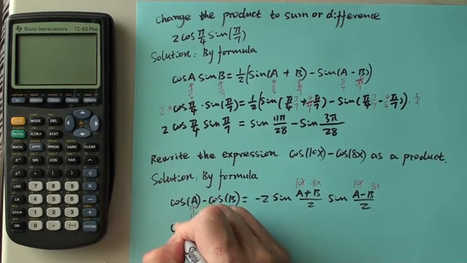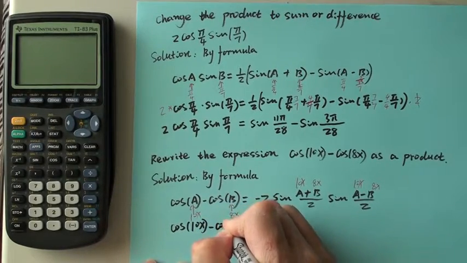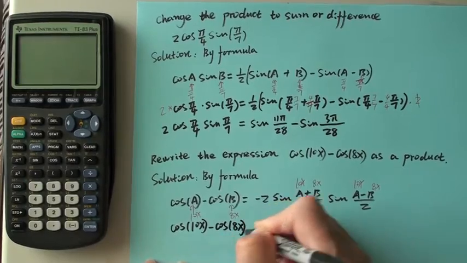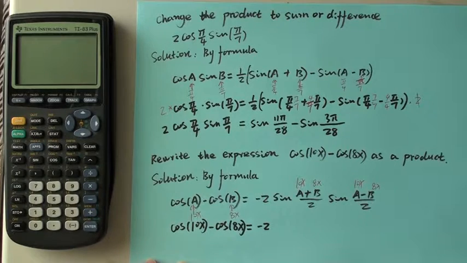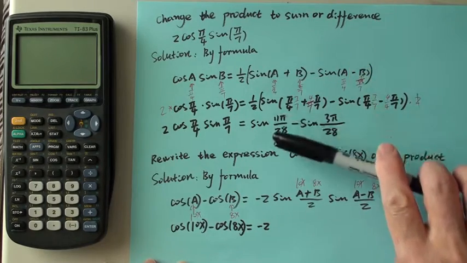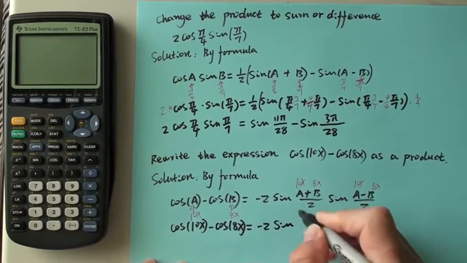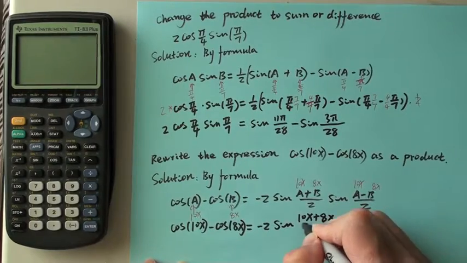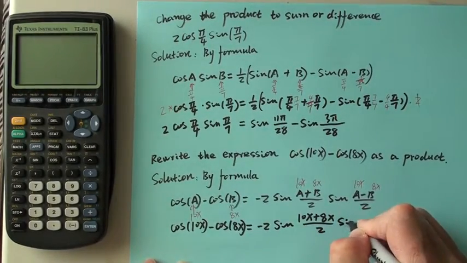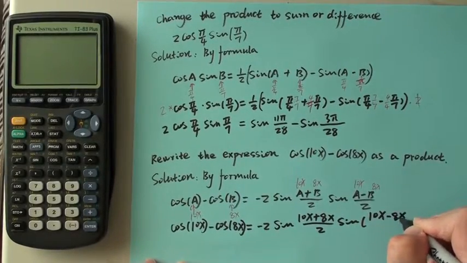So what do we have? Cosine 10x minus cosine 8x equals negative 2 times the quantity sine of (10x plus 8x) over 2, times sine of (10x minus 8x) over 2.